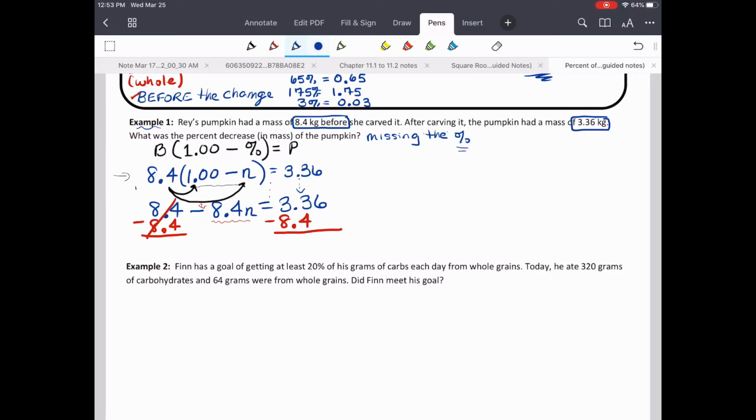And then I'm going to put my work over here because there's not a lot of room. So I'm going to write negative 8.4n, because that's what's left on this side of the equation, equals now 3.36 minus 8.4. And that's going to be negative when you end up working that out. So don't get too concerned about how that comes out, but that comes out to negative 5.04, 5 and 4 hundredths.